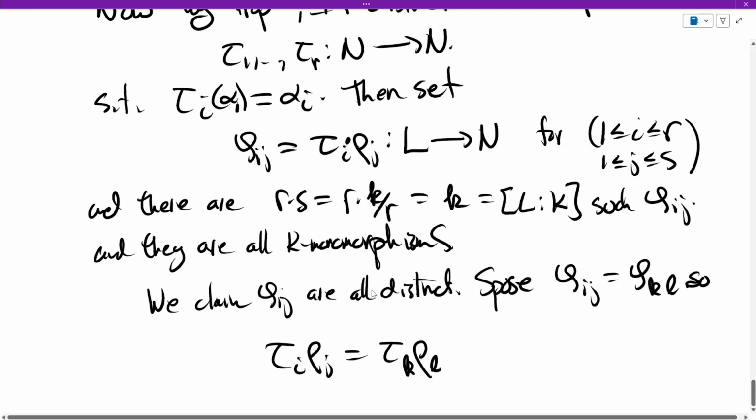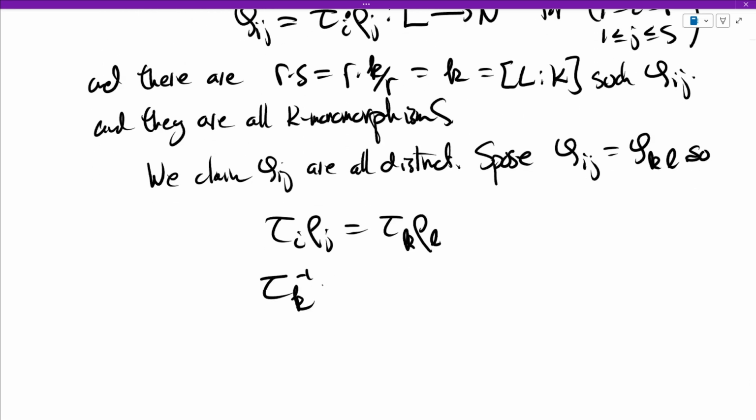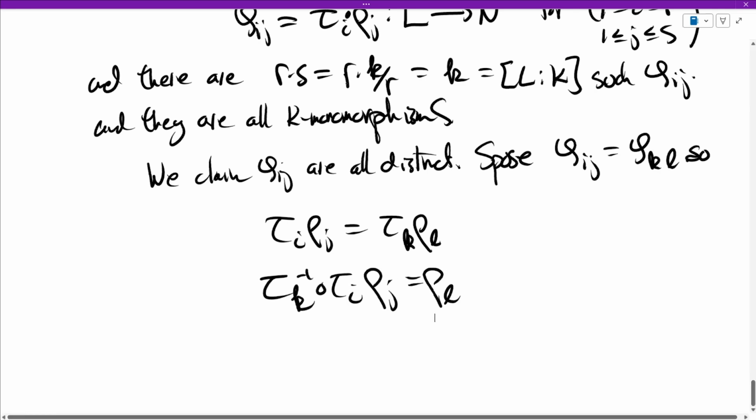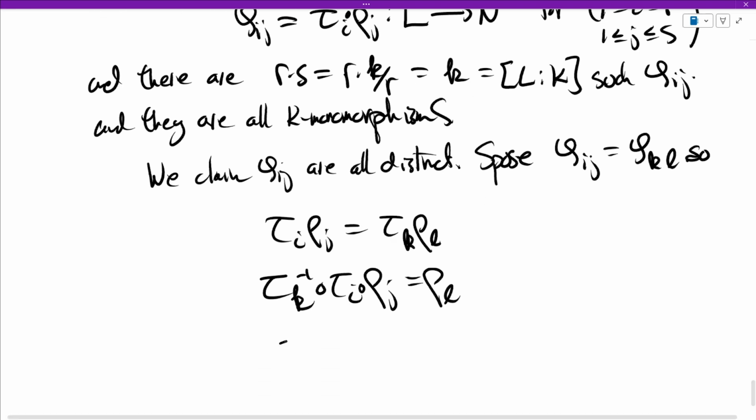All right, now here, the taus are automorphisms of N, so it makes sense to end with an automorphism of N. And the rhos are mappings from L onto their image. And so, although it's a little bit weird to write rho j inverse, we can write it as long as we're careful with what we mean by that.